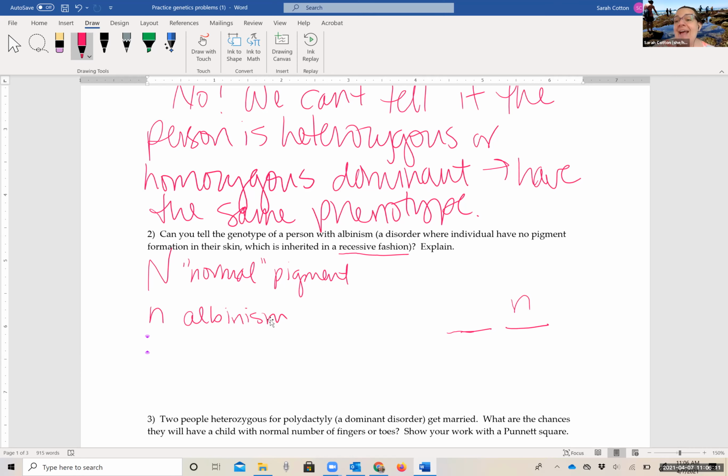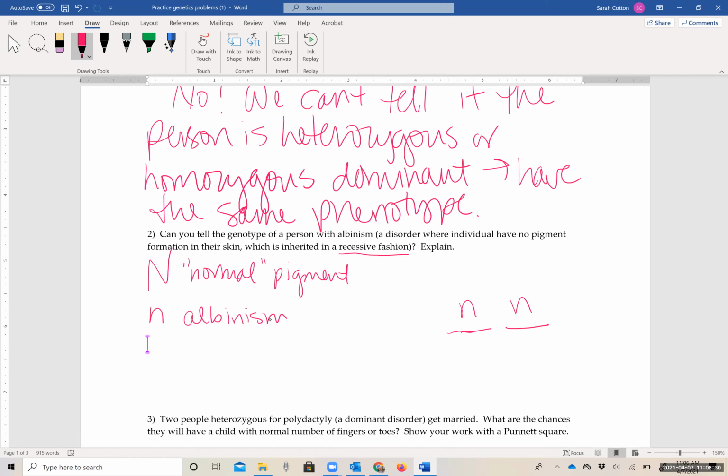So that can't be their genotype. And of course, it's also not possible that it's two big N's, because that's both normal pigment. So wouldn't the only way be two little n's?